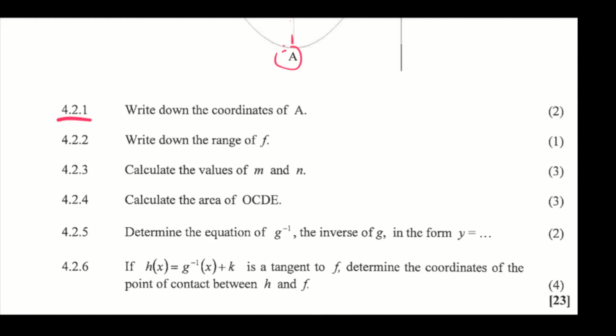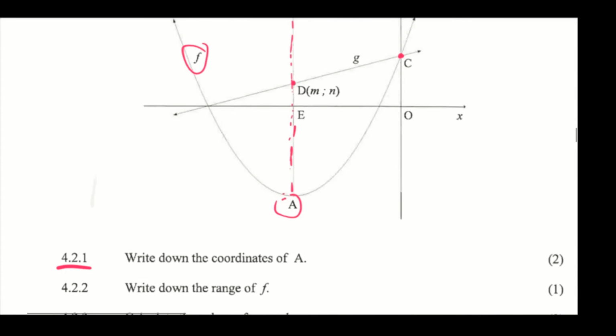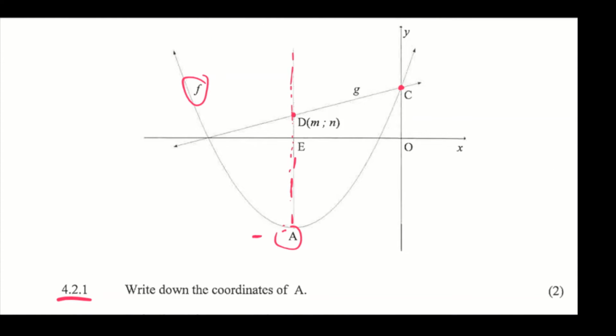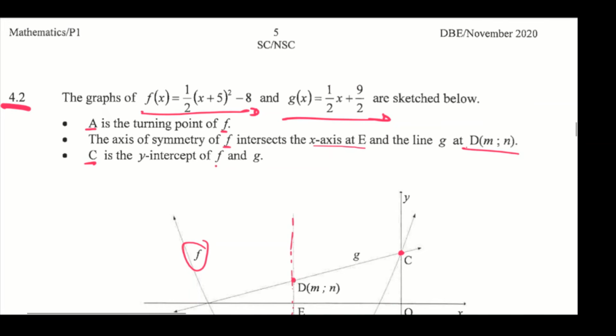So having 4.2.1, write down the coordinates of A. So we need to write down the coordinates of this turning point here. This is the equation that we're given. Basically the coordinates are just these values here, right? So we're having 5 and 8 here.